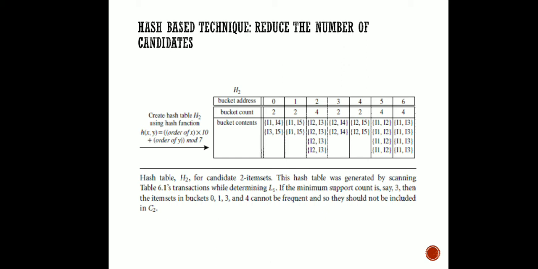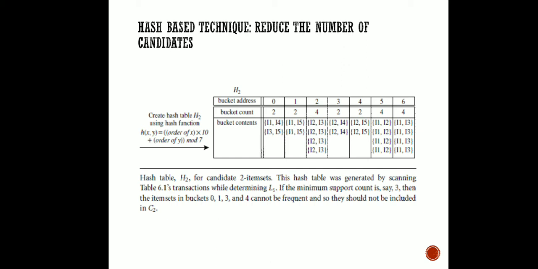For example, for I1 and I4, we take x equal to 1, multiply it by 10, then y equal to 4, and the total value is taken modulo 7. In this fashion we have put the itemsets in their buckets as per the bucket address, 0 to 6.